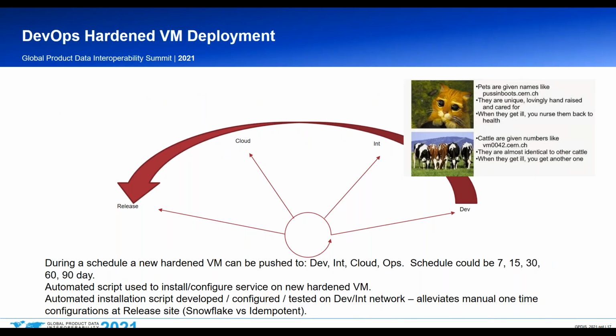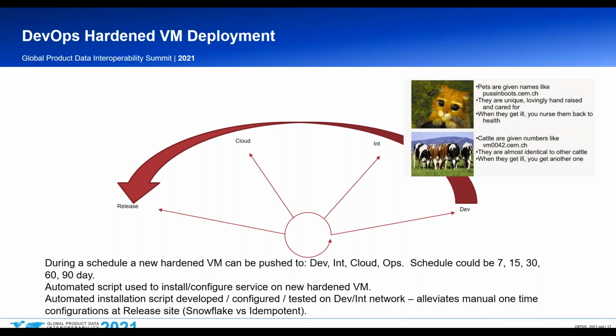So this picture I like quite a bit, and it's showing the flow, going on the right hand side from development, integration, and then cloud and release can be the same. I broke them out, and if you look at the circle in the middle, it's a repeated process.